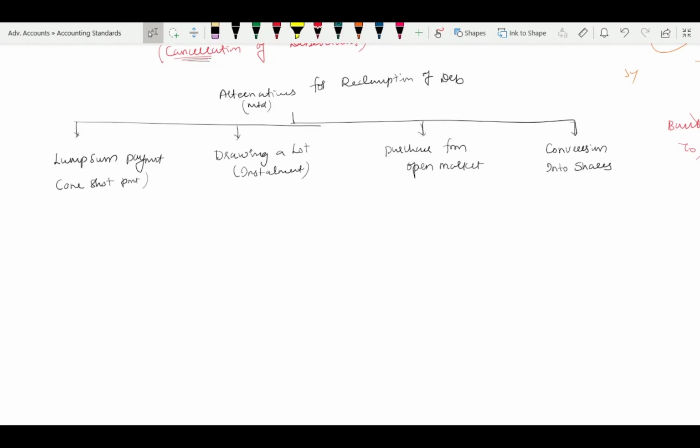But since the chapter is modified, there is not much variety of model problems. They have given just lighter problems in your study material, my dear friends. But if you understand conceptually, many things are there. Got it? So here lump sum payment, that is okay.